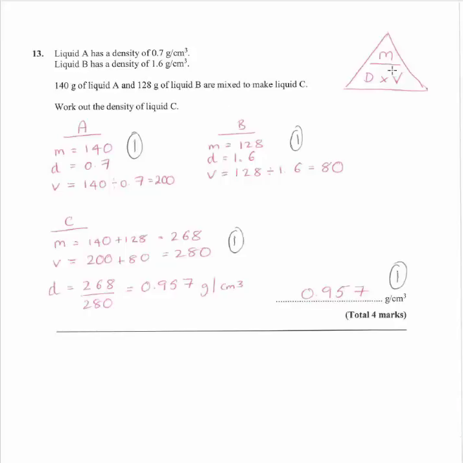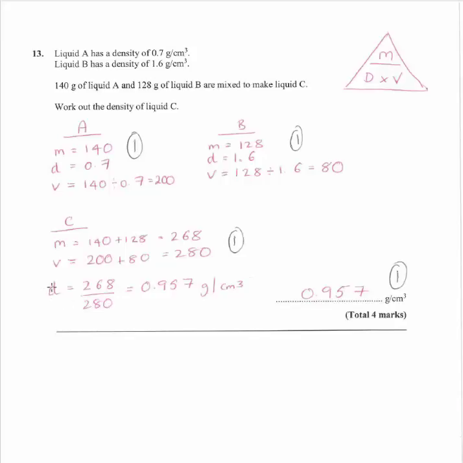So to work out the volume, cover that up, mass divided by density tells us that we've got 200 cubic centimetres of A. Doing the same thing for B, 128 divided by 1.6, I beg your pardon, gives us 80. So the total volume is 200 plus 80, 280.